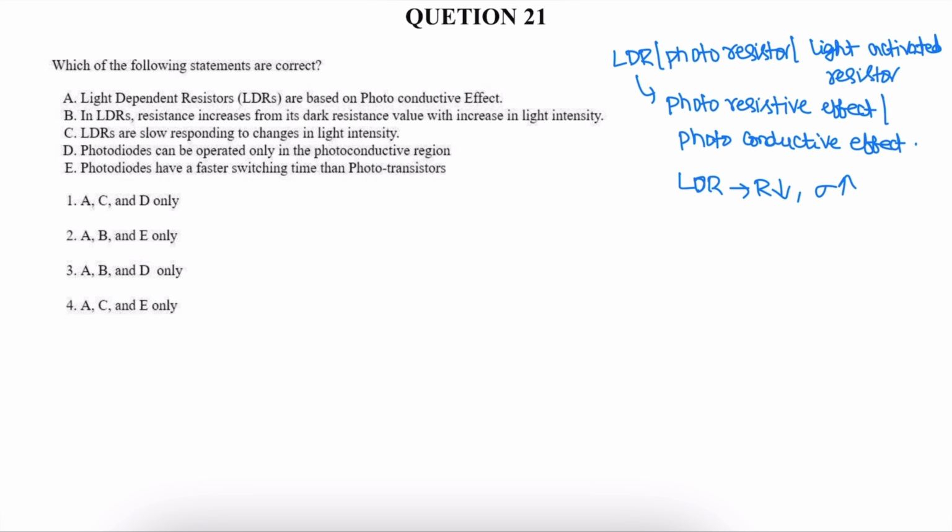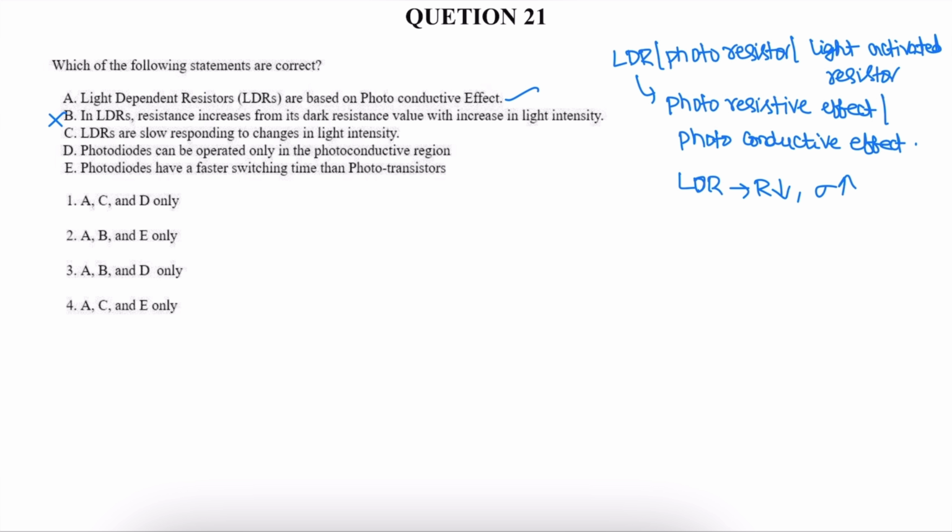So statement A is correct. LDRs, or light dependent resistors, are based on photoconductive effect. LDR resistance decreases from dark resistance value with increase in light intensity. Statement B is wrong. Next, LDRs are slow responding to changes in light intensity.